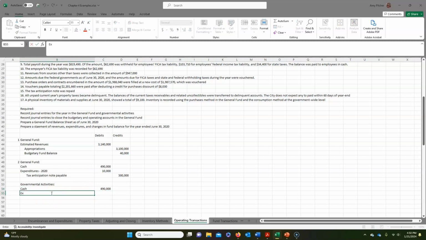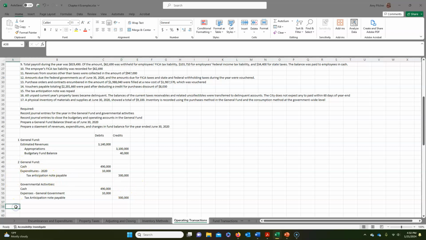We have expenses for the general government. And then we have tax anticipation notes payable. So a debit of $10,000 and a credit of $500,000.